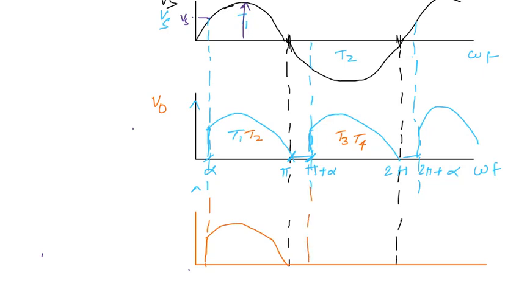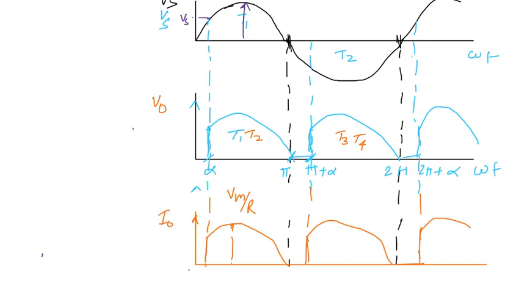This is my load current I naught, but the peak value will be Vm by R. The shape will be the same, it will not change, but the peak value is Vm by R.